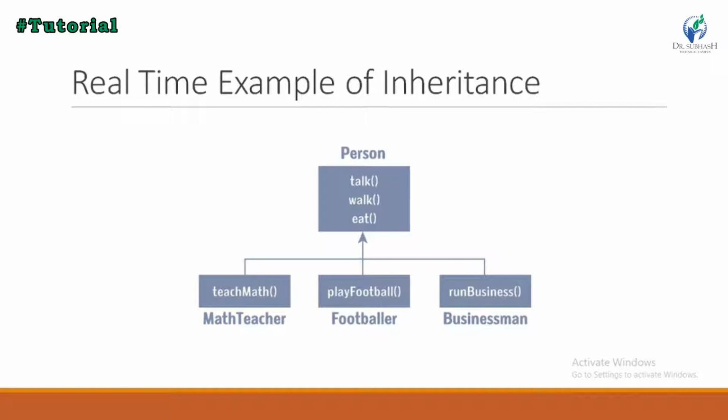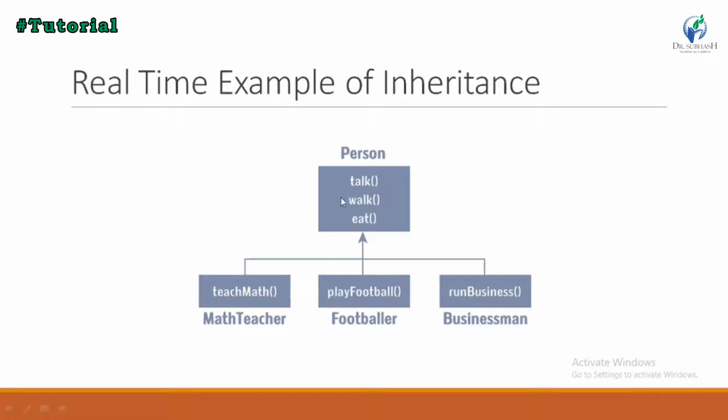Let us take an example. Let's say we have one class, Person, which has the defined methods talk, walk, and eat. And we have other classes: MathTeacher, Footballer, and Businessman. It is obvious that a math teacher is a person, a footballer is a person, and a businessman is also a person. So all these three methods should have been defined in all these three classes.